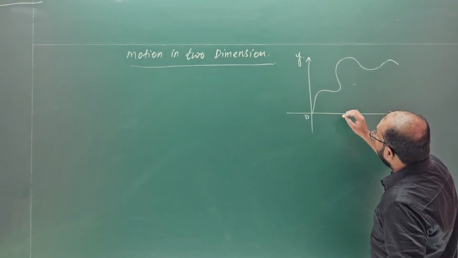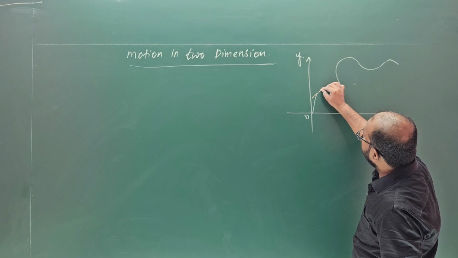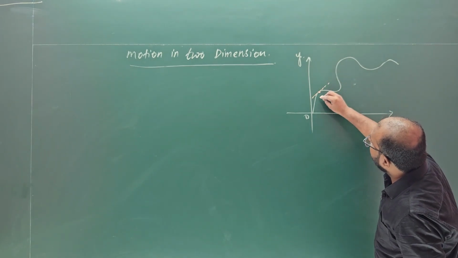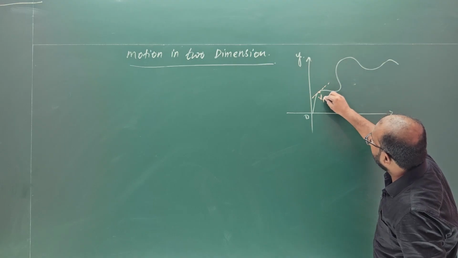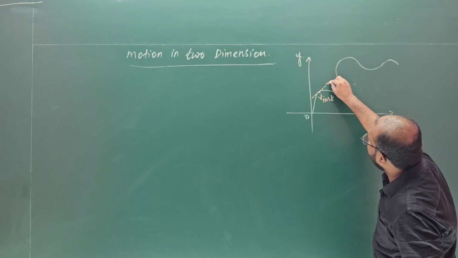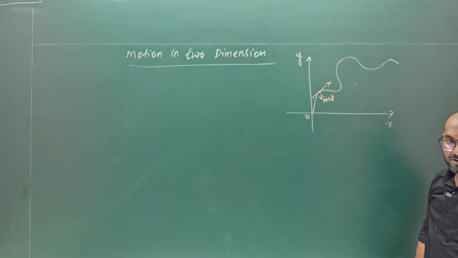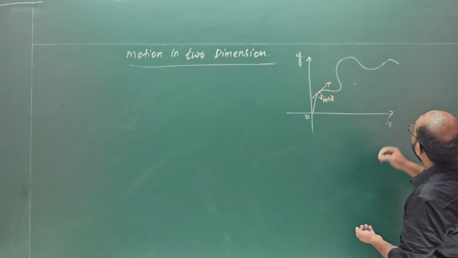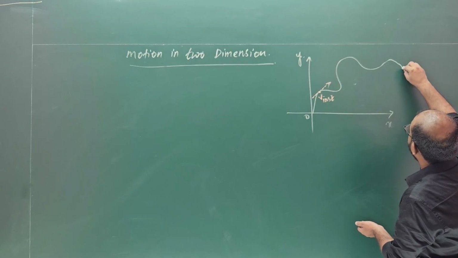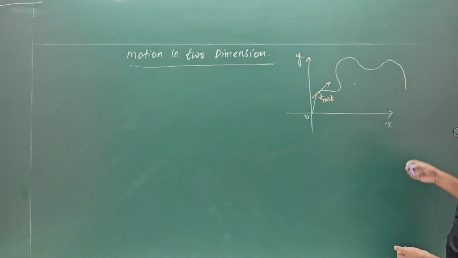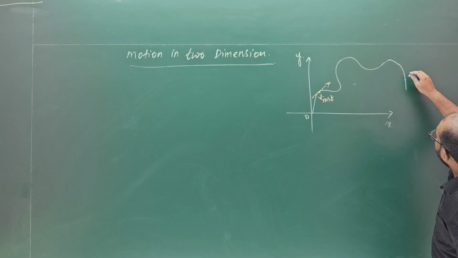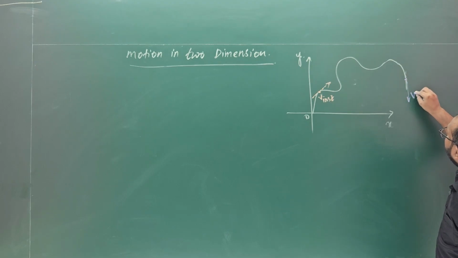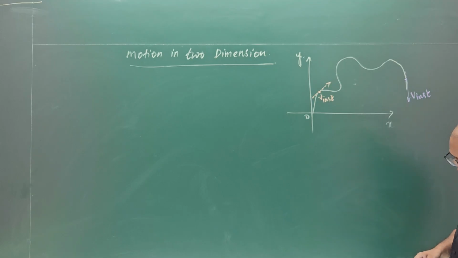Now listen to me. If I draw a tangent at this point, then I will get a velocity, and this will be the instantaneous velocity, in this direction. Similarly, consider here also, it is moving again, continuing to here. If I draw one more tangent at this point, this direction will again give you the instantaneous velocity.